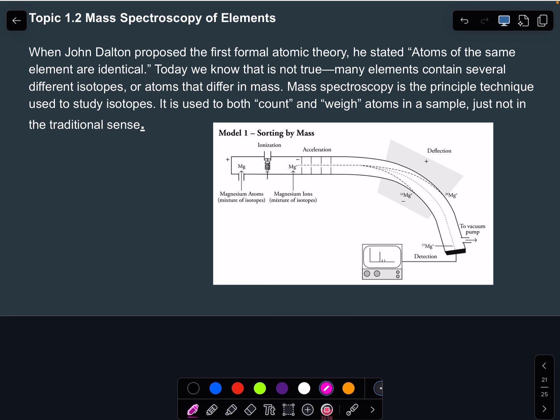What do I get out? The different isotopes. This is actually how scientists prove that isotopes exist. Separate them. Okay, change jobs and go to model 2.